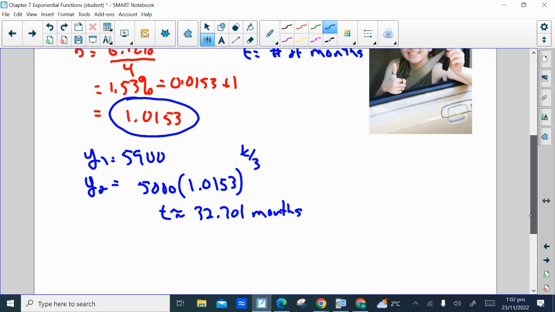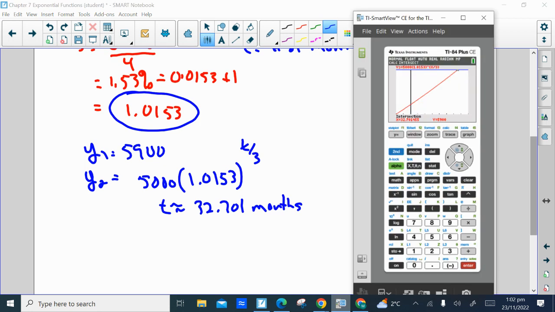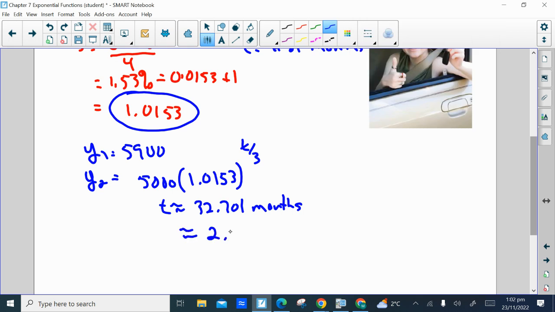And then to find out how many years that is, we can take x and divide it by 12, because there's 12 months in a year. So approximately 2.73 years, or 2.725 years. That's how long it would take.